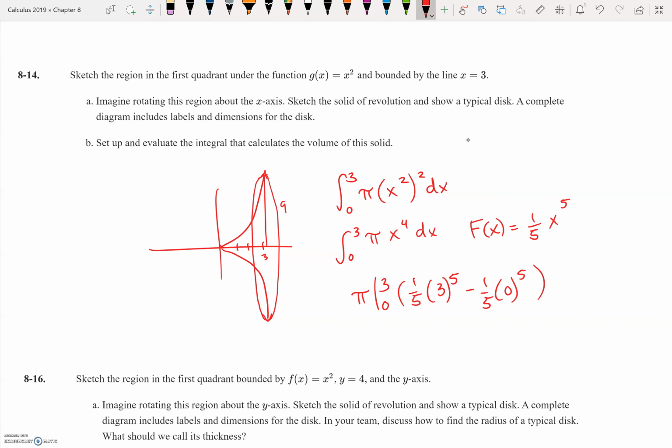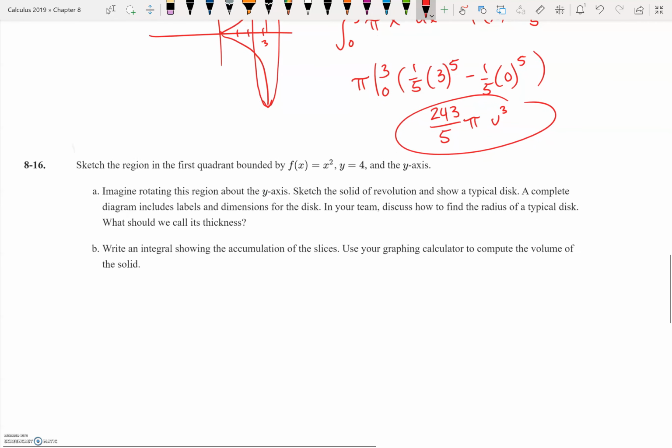So 3 to the 5th is what? It's 243. So 243 over 5, pi units cubed.